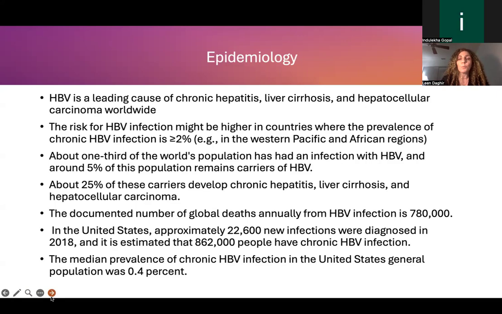In the United States, about 22,600 new infections were diagnosed in 2018, and it's estimated that 862,000 people have chronic hepatitis B infection. The median prevalence of the infection in the United States is about 0.4%.